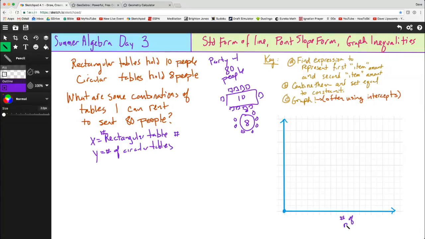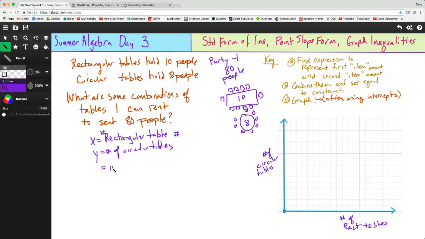The number of rectangular tables on the X axis, and on the Y, it'll be the number of circular tables.